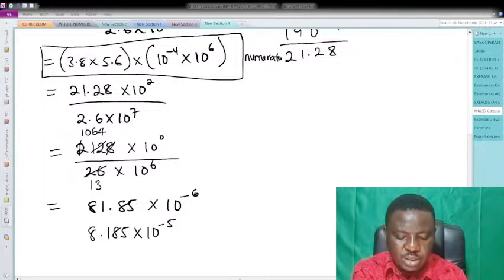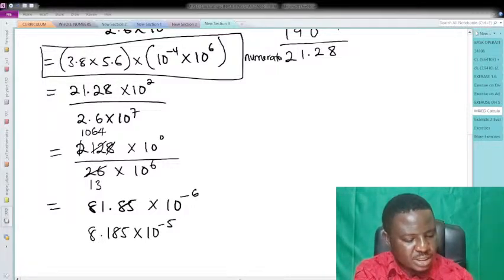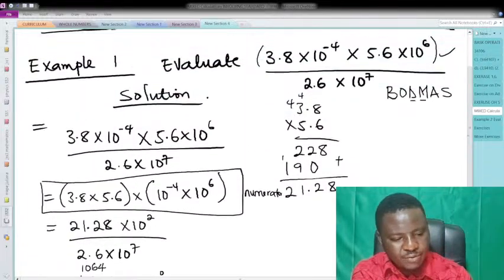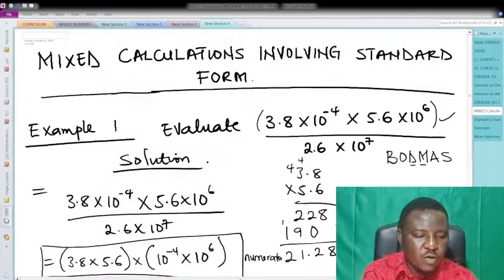And when you add 1 to minus 6, it gives you minus 5. So this is how you can simplify mixed calculations involving standard form.